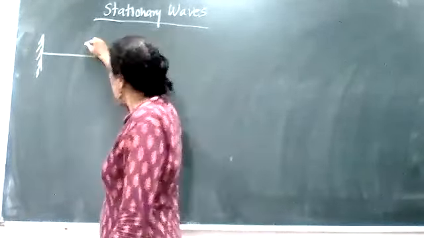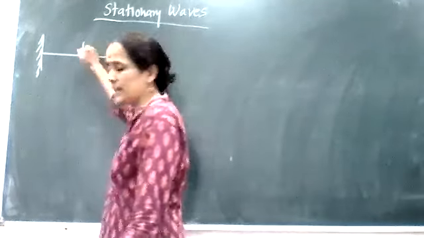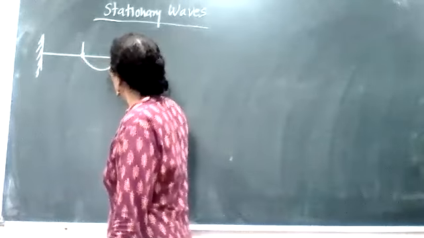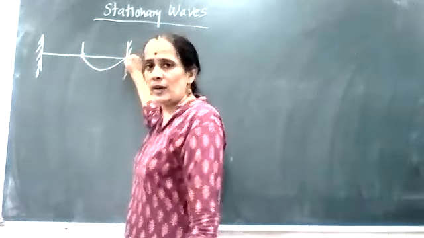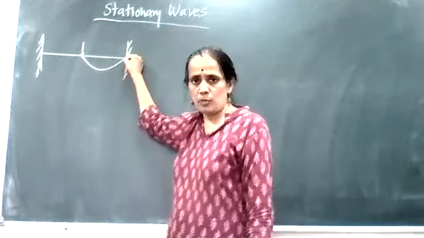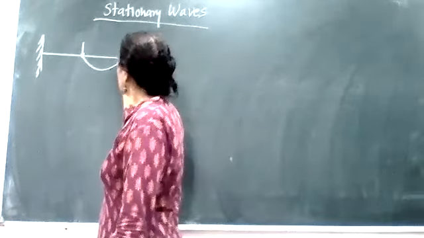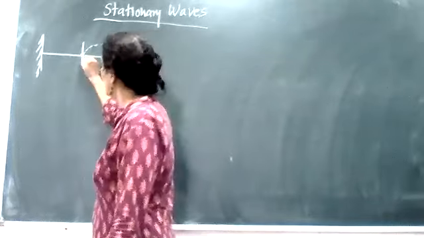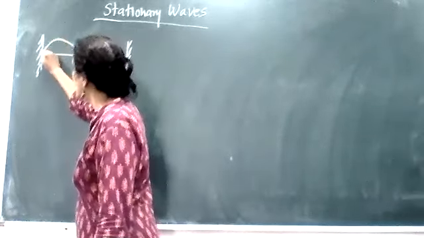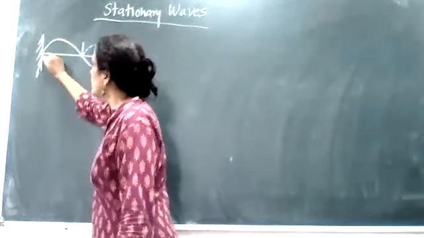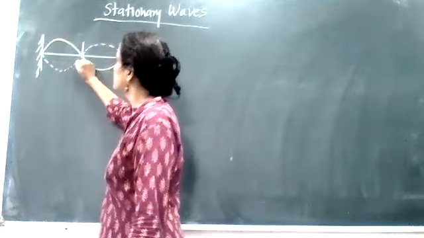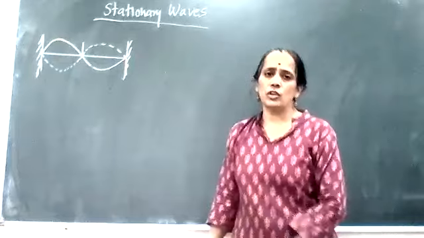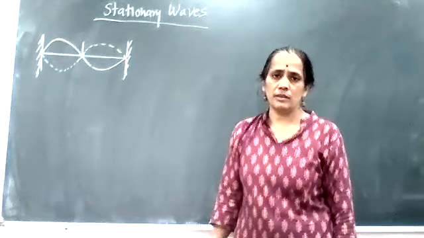If you pluck that string at the center, due to plucking there will be a formation of a thrust, which will travel towards the rigid support and get reflected as a crest. And when the crest is incident on the other rigid support, it will be reflected as a thrust. And thus there will be a formation of a stationary wave.